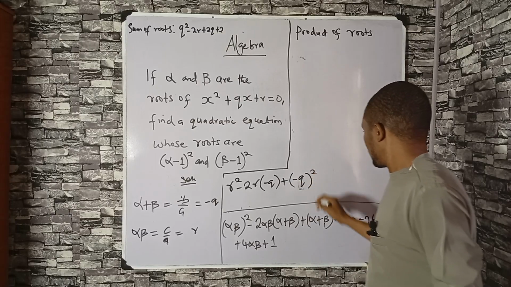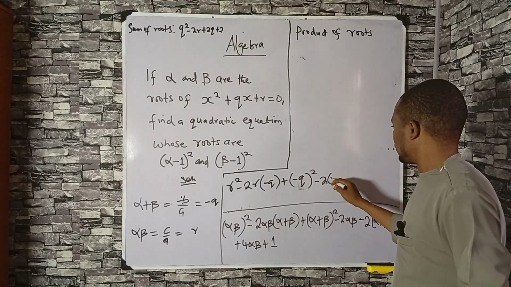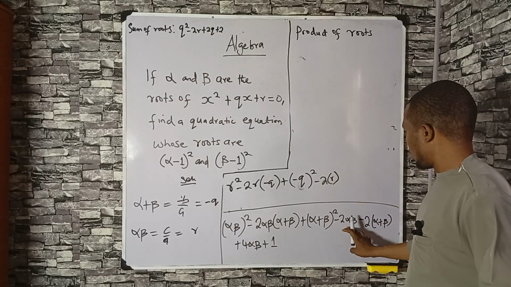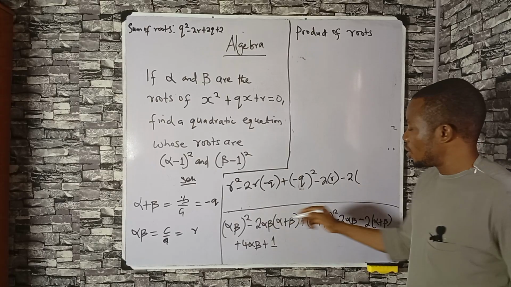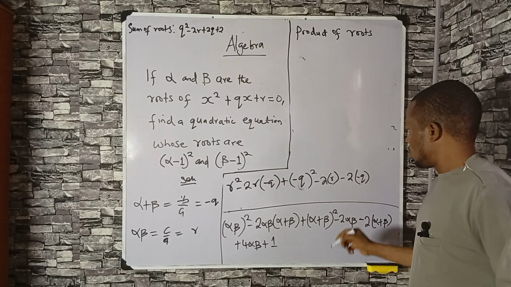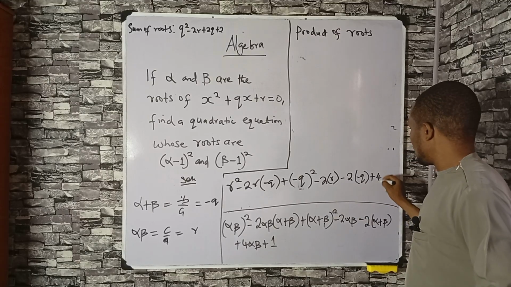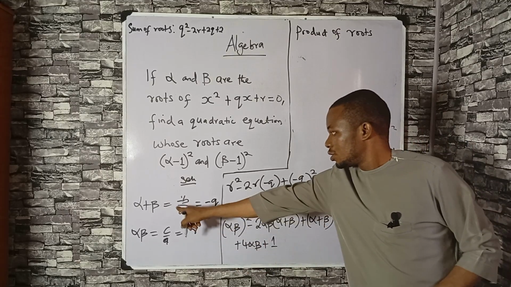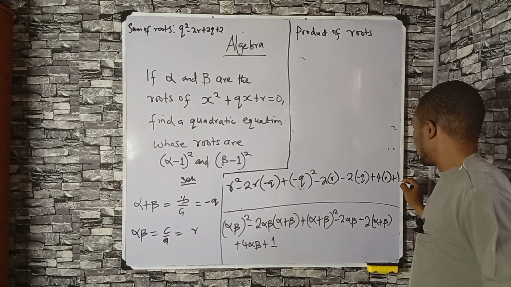remember it's squared here, then minus 2 alpha beta, which is r, we are here now, then minus 2 alpha plus beta, minus q, then here 4 times alpha beta, which is r, and plus 1.